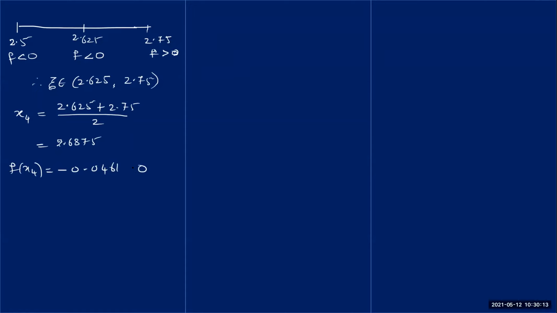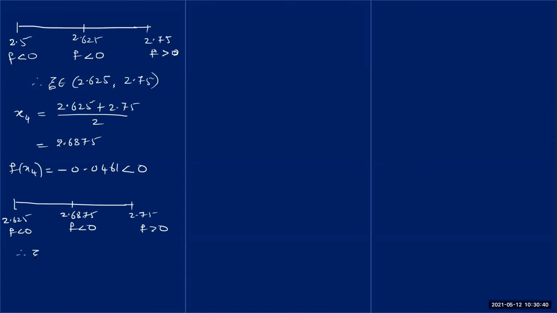Since this is negative, we can choose the next interval by taking a small diagram of this kind. Before getting x4, the interval is 2.625 and 2.75. Now we got a new point in the middle, which is 2.6875. At 2.625, it was a negative function value and at 2.75 a positive function value, and at 2.6875, again we got a negative function value.